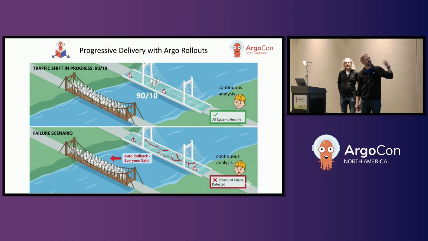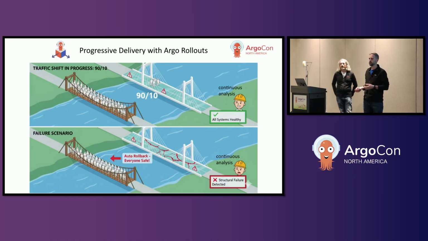You can see here in the first image that 90% of the traffic in this case still goes over the old bridge. Somebody created a new bridge, and then gradually they're going to send a couple people over this new bridge to see how everything is going. And it's the same in software, right? You send a little bit of your traffic to your canary and then see how everything is behaving.